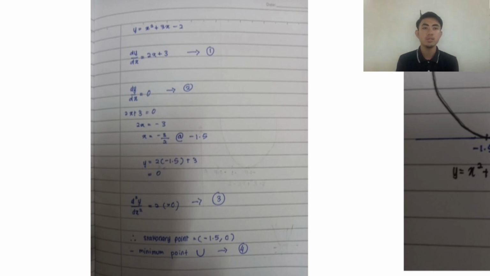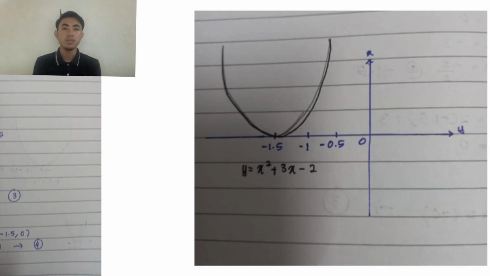Okay, so here is the sketch graph for step 5. After we got the values, we need to sketch the graph, with negative 1.5 for x and 0 for y, and we label it with the first equation, y equals x squared plus 3x minus 2. So that's for question 1, and we solve the problem using application of differentiation to sketch the diagram.